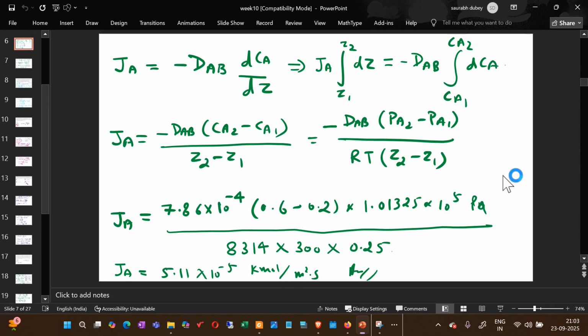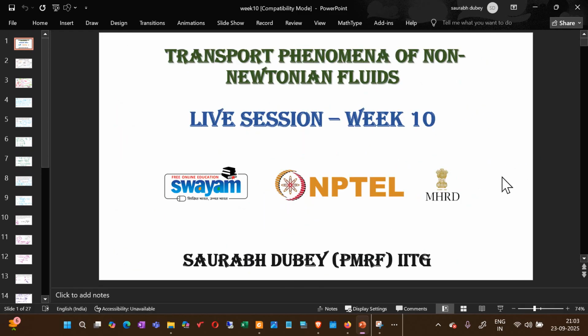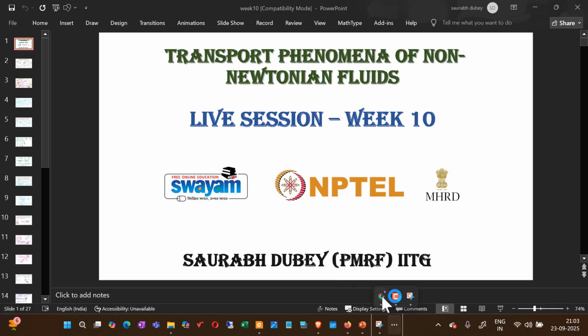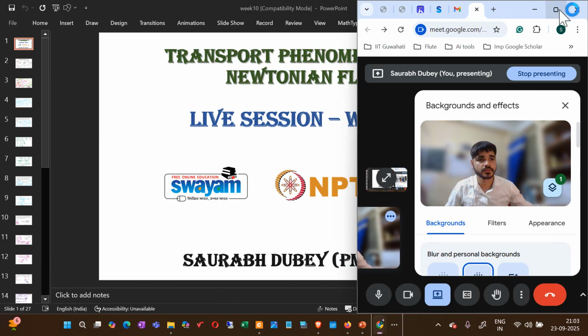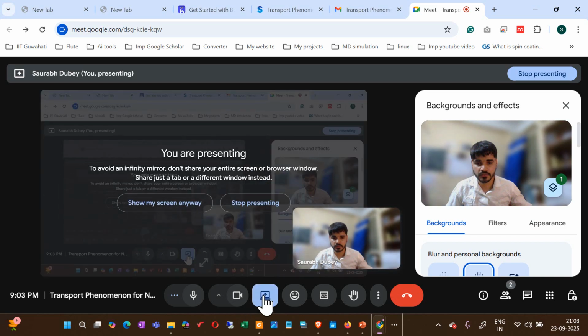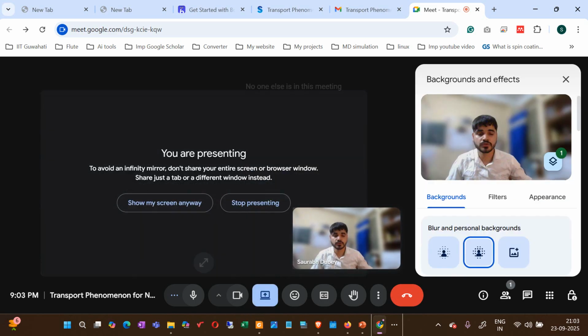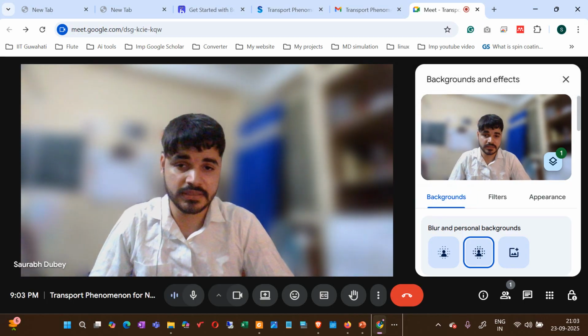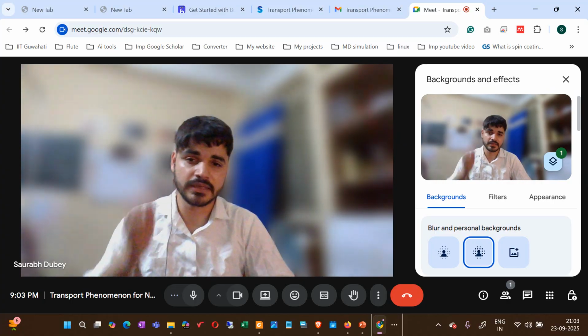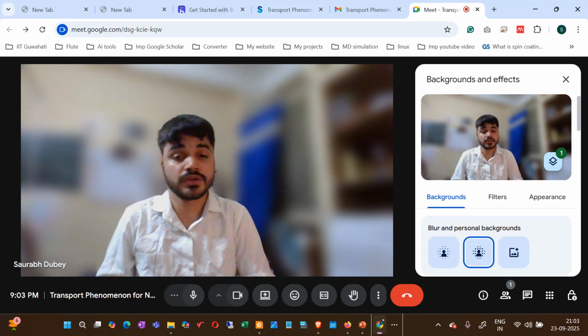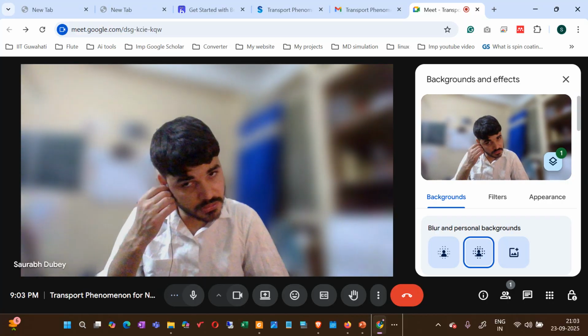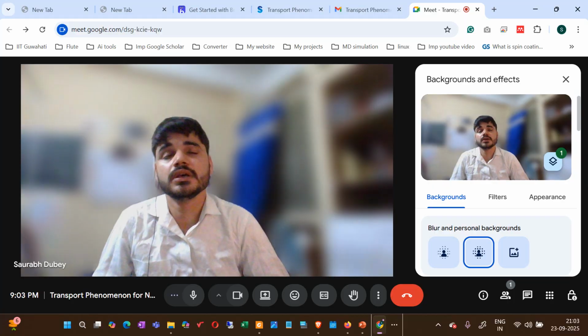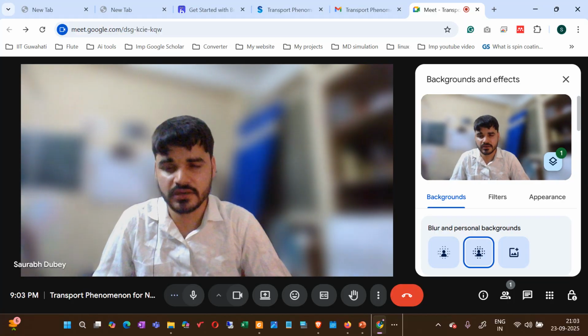If you see this one, this was week 10. One thing I wanted to tell you is that you may have seen very few lectures where heat transfer and mass transfer came simultaneously along with the non-Newtonian part, because inclusion of heat and mass transfer together makes the entire calculation and analysis tougher.